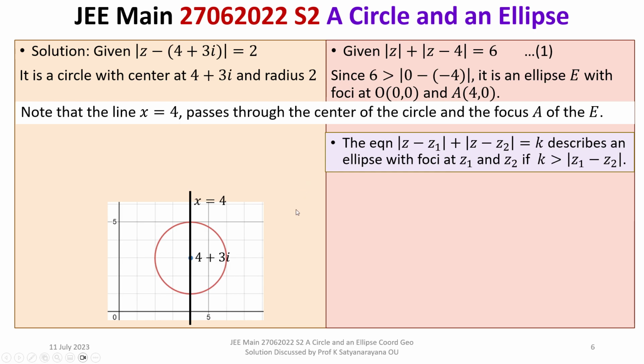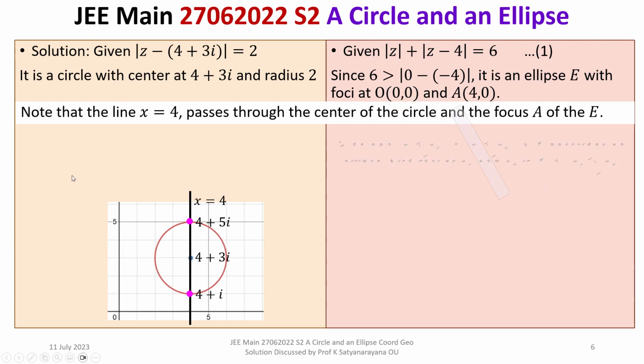Now, what are the coordinates of these points? The center is 4 plus 3i and the radius is 2 units. So walk backwards on the line x equal to 4, 2 units: you get 4 plus i. And walking forward 2 units, the upper one is 4 plus 5i.